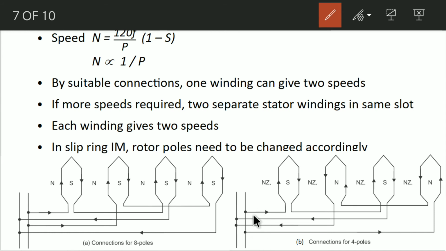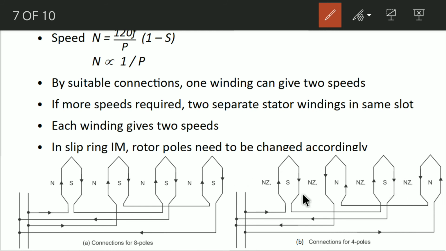Now the current in the first and second conductor is again in opposite direction, so the same pole, south pole, is formed here. But the current in the second and third coil side or conductor is in the same direction, so in between these two is a neutral zone, meaning no pole is there. And then a north pole, then again a neutral zone, because these two conductors have the same direction of current. Again a south pole for opposite direction of current, and for the same direction, a neutral zone.